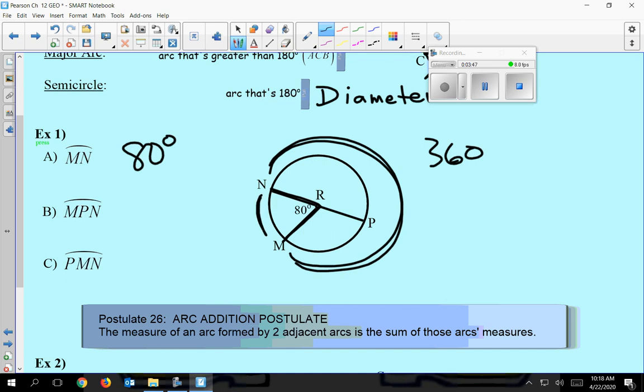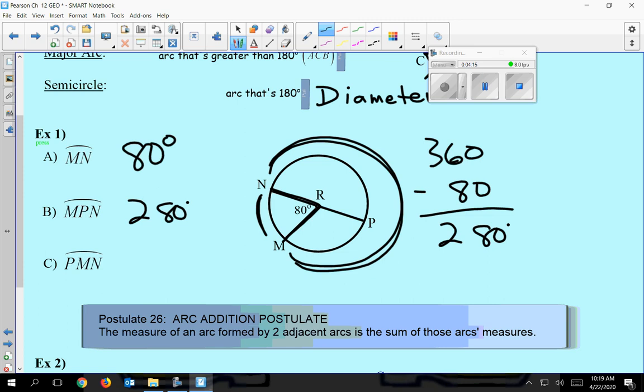So couldn't I take that small arc and subtract it from the big arc and get that measure? I hope that makes sense. If I did that, I should be able to get that. Together they equal 360 degrees, but that one right there is going to be 280, okay?